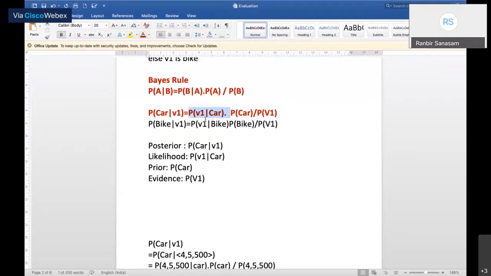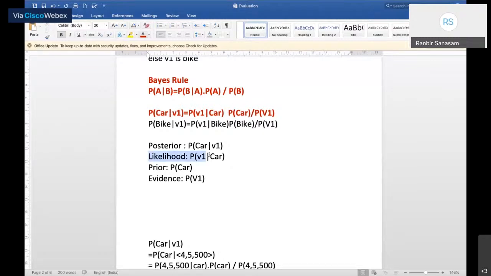Given the class car, this is how well the sample fits. If you close your eyes and pick a vehicle from the car domain, how likely are you to pick this particular vehicle? This first component is known as the likelihood.